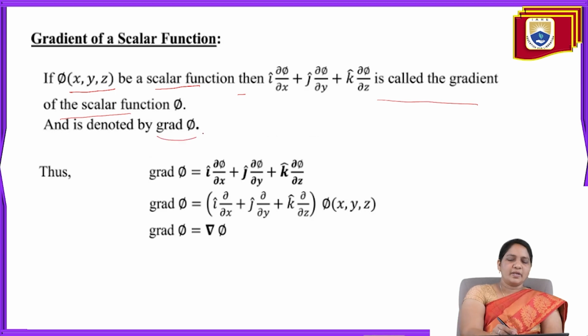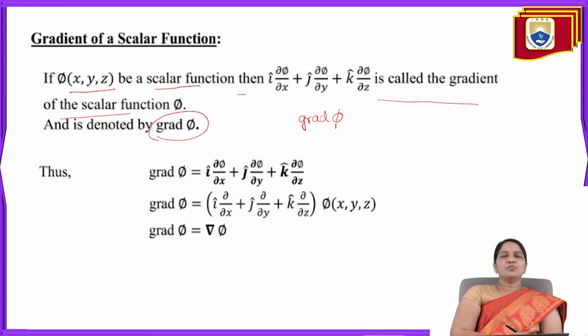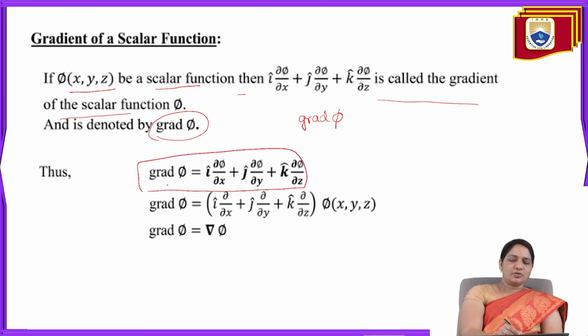It is denoted by grad phi. So what is the formula for grad phi? Grad phi equal to i into dou phi by dou x plus j into dou phi by dou y plus k into dou phi by dou z.